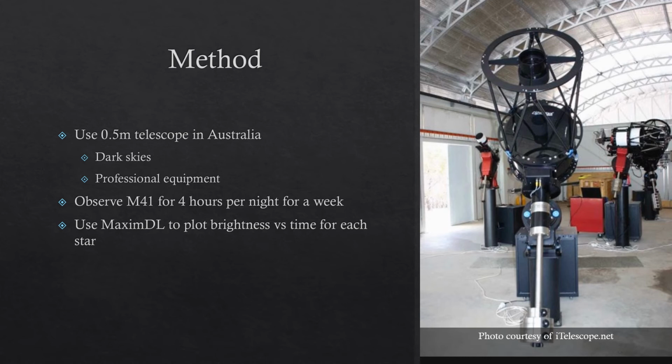So MaximDL, unfortunately, isn't the best in that regard, but it is a very handy and powerful tool to use for this analysis. And so we ran our data through MaximDL, and I'm going to show you a couple of graphs here on the next slide of what that data looked like.